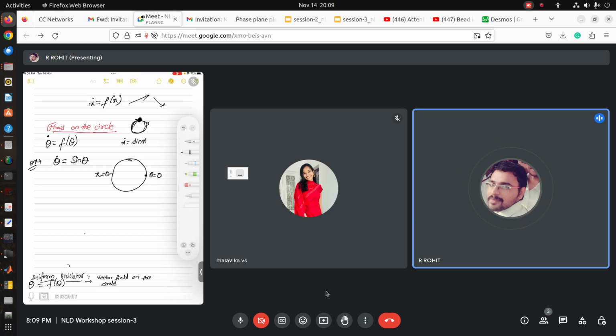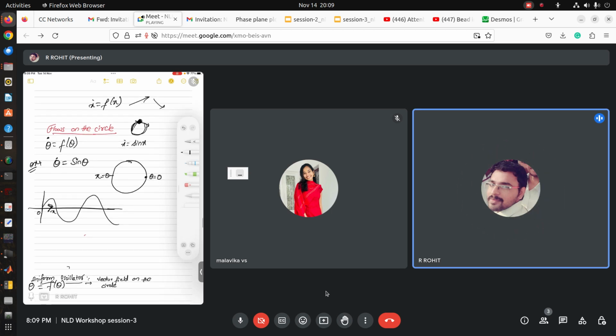Now if you remember, the sine curve was like this. From 0 to pi, sine is positive and we drew the arrow towards the right. So if it is positive, in flow on circle we will draw an arrow in the counterclockwise direction, and from pi to 2 pi the system remained in the negative direction.